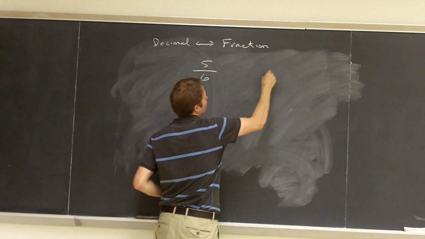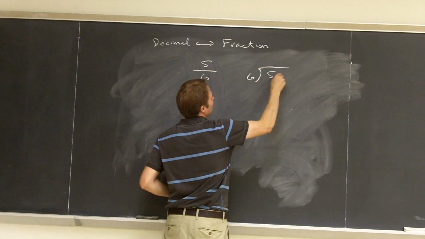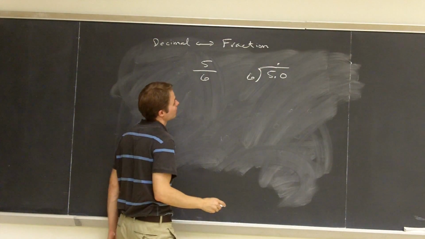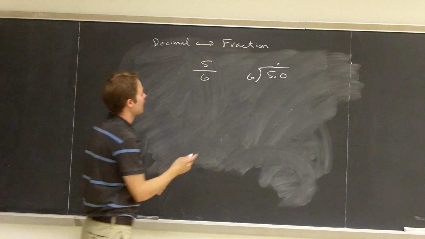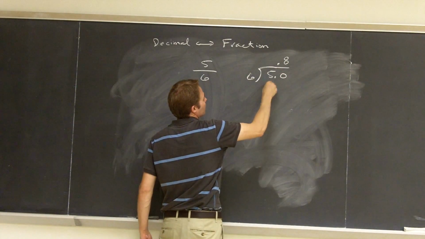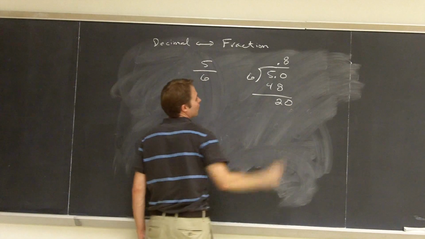And again, we'll take 5 divided by 6. This becomes 5.0, decimal in both sections. 6 will go into 50 8 times. And then that will give us a 48 here. So when we subtract that, we get a 2.